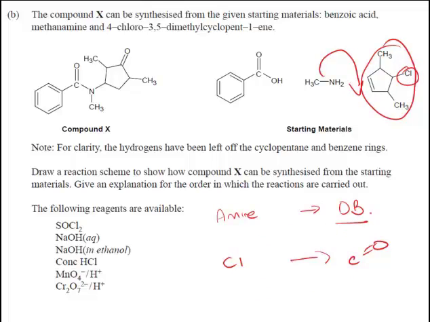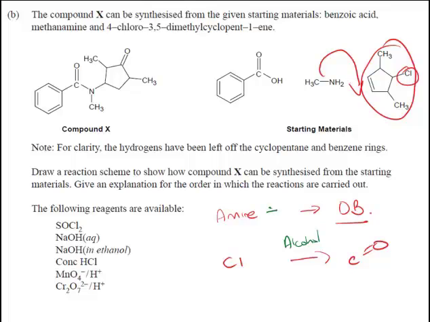So at this stage we're thinking, well, we need to go from a Cl to a C double bond O, so that means we need to convert that to an alcohol. So is there a substitution reaction we can do for that? And for the amine, how do we add it to the double bond?